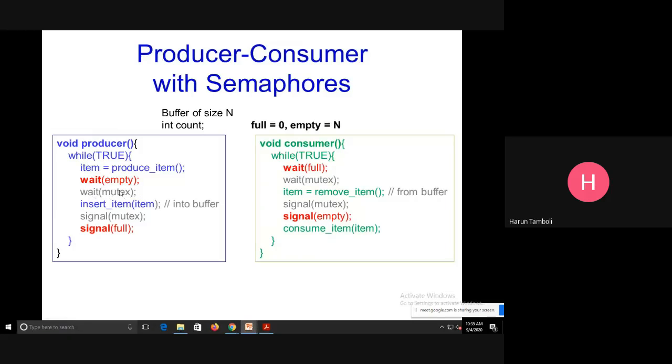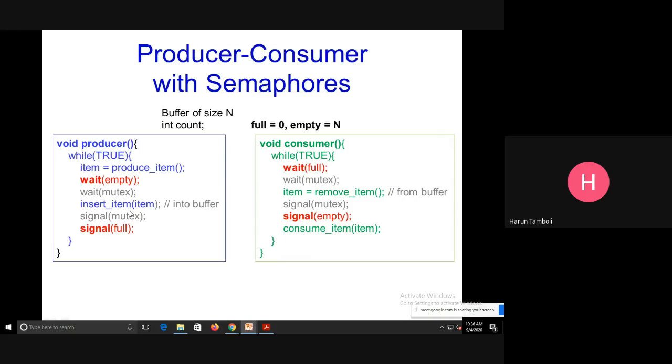Then it will again perform the wait operation on mutex. So the value of the mutex will be 0. Since the value of mutex is 1, it becomes 0, and after that it is going to insert the item into the buffer.